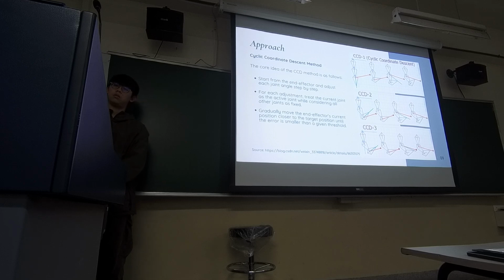We first adjust the end joint to bring the end effector closer to the target point position. Then we gradually move backward, adjusting the angle of the upstream joints, allowing the entire robotic arm to approach the target.